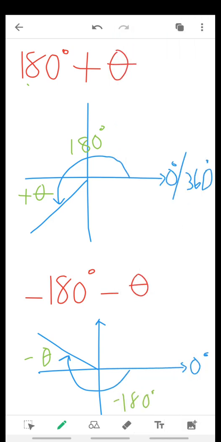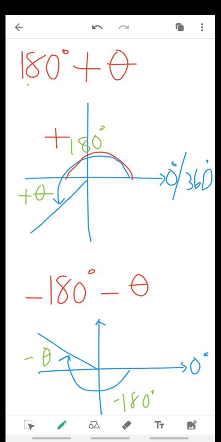Now I'm giving you 180 degrees plus theta. As I'm giving you 180 degrees plus theta, what does it mean? We have two angles added. 180 is positive, meaning from 0 degrees I'll measure 180, all the way from 0 up to here. That is positive 180 degrees.